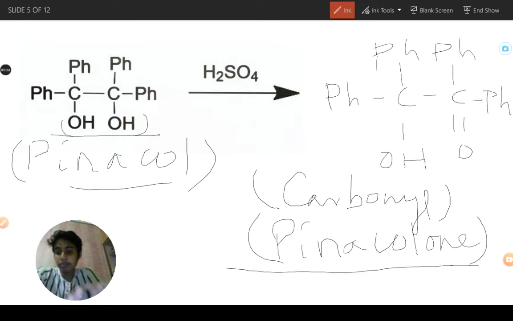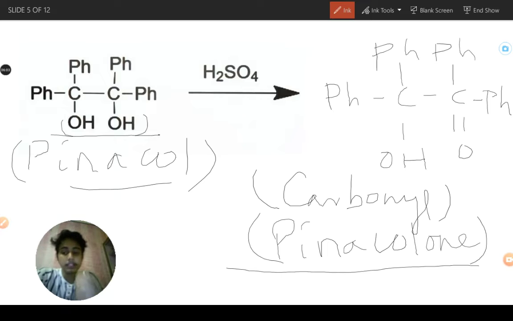You cannot form a branched ketone that easily from any other reaction of ketone. You can find a perfect branched ketone very easily during the Pinacolone reaction. This is the application of the Pinacol and Pinacolone reaction. Why do we do this reaction? To find highly branched ketone. So this is the application.